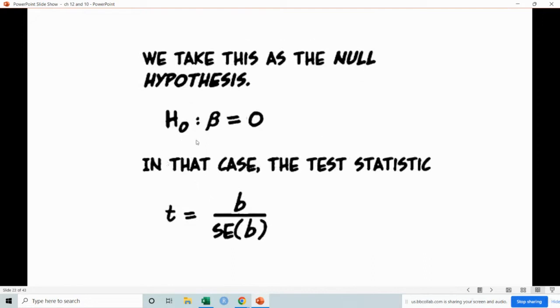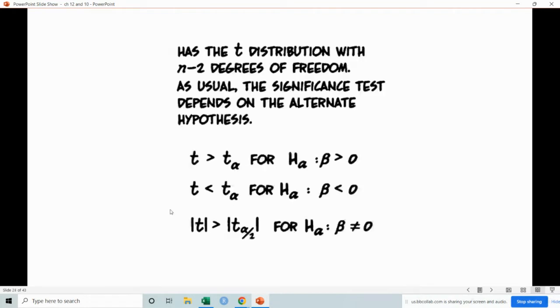So H null, or H0, is beta equals 0, and in that case the test statistic t would be our estimated beta value b divided by the standard error of that, and that'll give us our t statistic that we would compare to our t critical value, or we'll use p values based on this t stat.